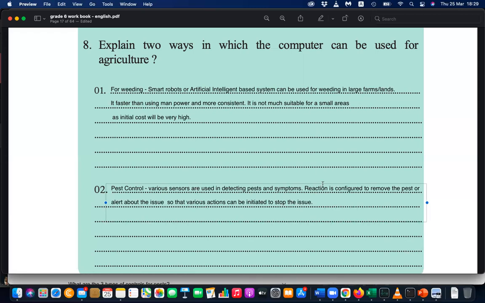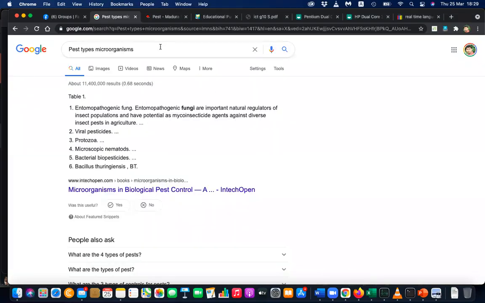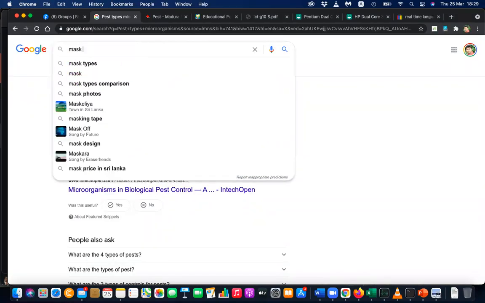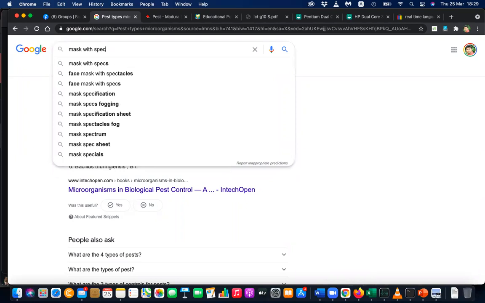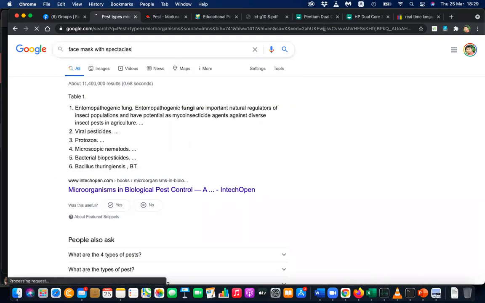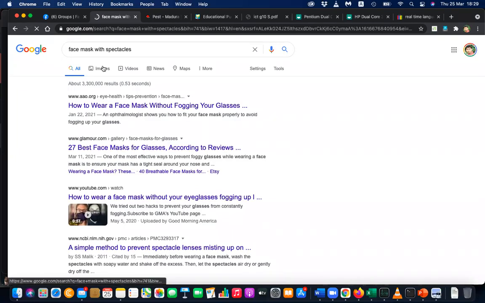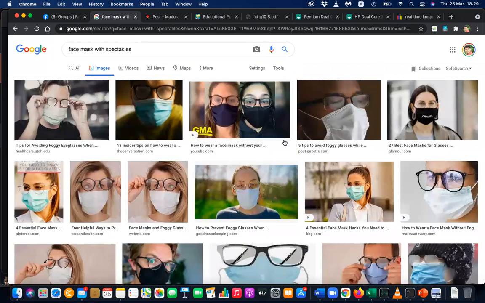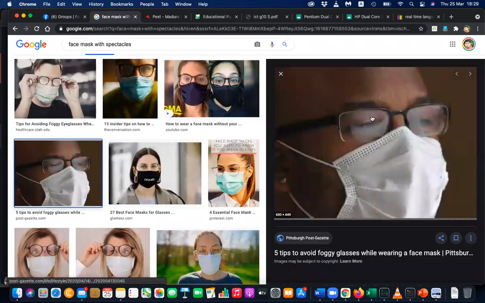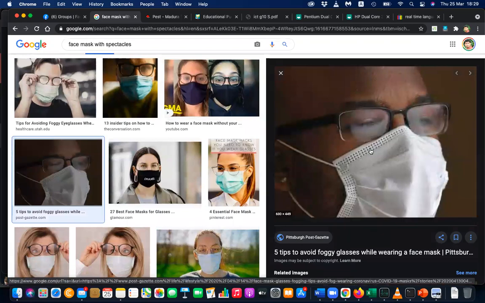Here, let's show a mask with spectacles. There's a problem, because when you wear a mask with spectacles, you get this kind of issue. Have you ever experienced this? If not, if you find any pair of spectacles, just wear them and see.